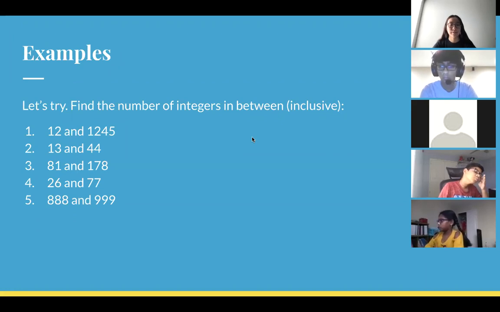The number of integers in between 81 and 178 inclusive. Okay, Shreya, do you want to explain that one?